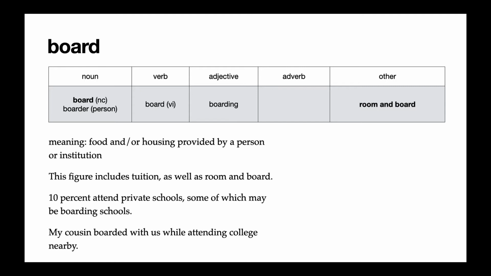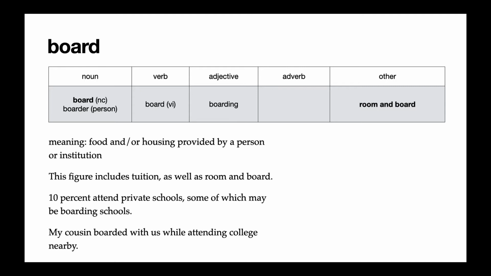And when we talked about board, we used the phrase room and board. So in the first example, it says this figure includes tuition as well as room and board. In this sentence, we were talking about how much it costs to go to school. So we would pay for tuition, as well.